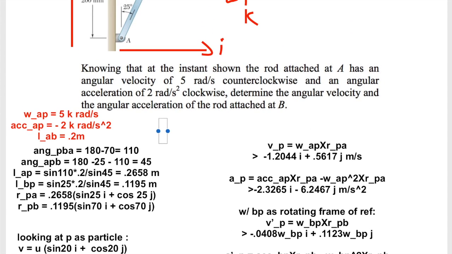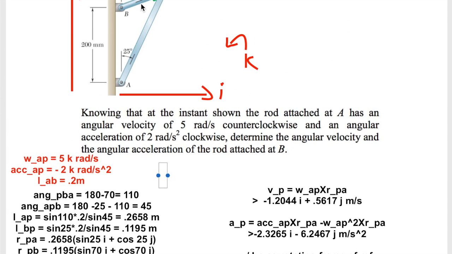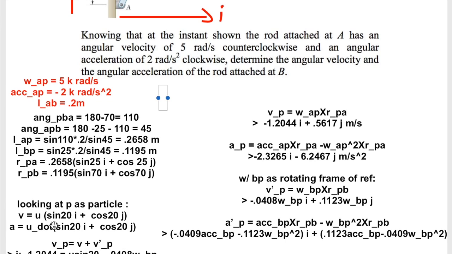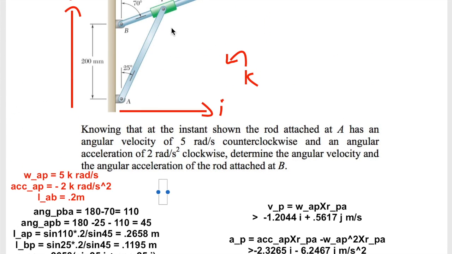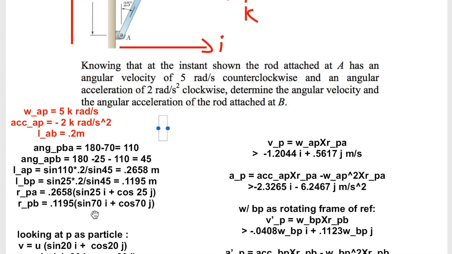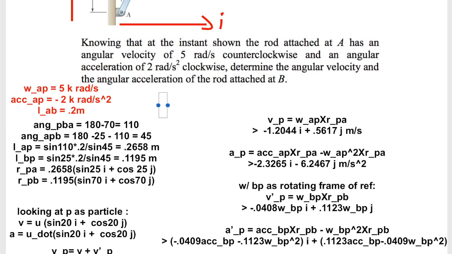Then right here, if we look at P as a particle going along BP, we can create these equations. Velocity is u times sine 20, coming from this angle here to finish this 90-degree angle, and cosine 20. For acceleration, we take the derivative of u times the same thing.